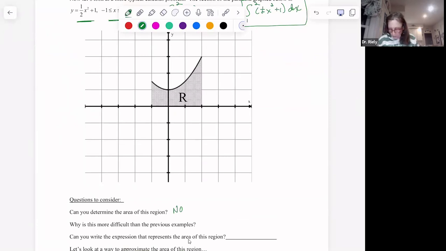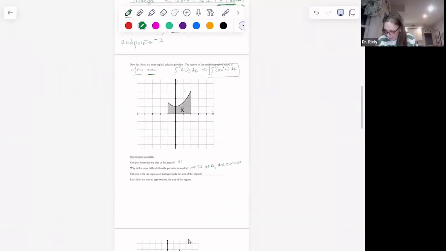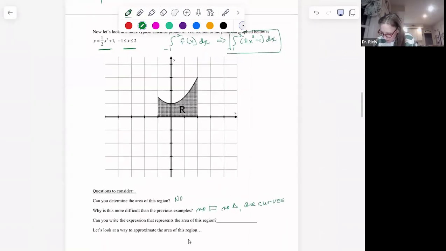And why is it more difficult? Because there's no rectangle, there's no triangle, and there are curves. And the curves are what's going to throw me off until I have a method. So can you write the expression? And yes, you can. That's totally fine. So let me just make this bigger again.